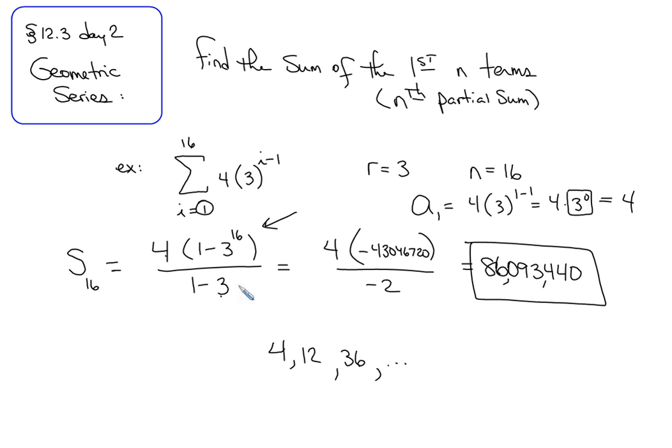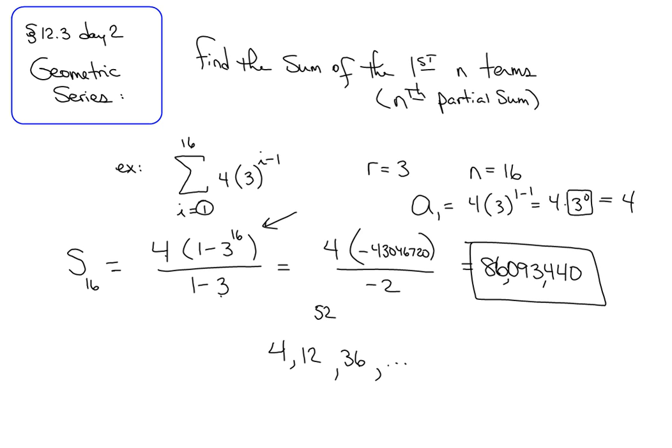What is my total after 3 terms? 52. I add 13 more terms, and I'm over 86 million. So they accelerate extremely quickly if r is larger than 1. Now, if r is less than 1, it's a different story, and we're going to talk more about that tomorrow. But does everybody see how the formula works?